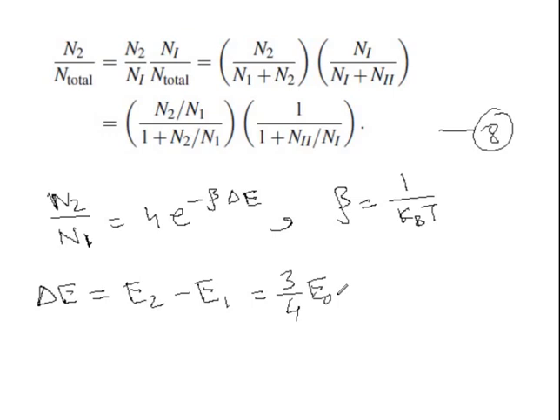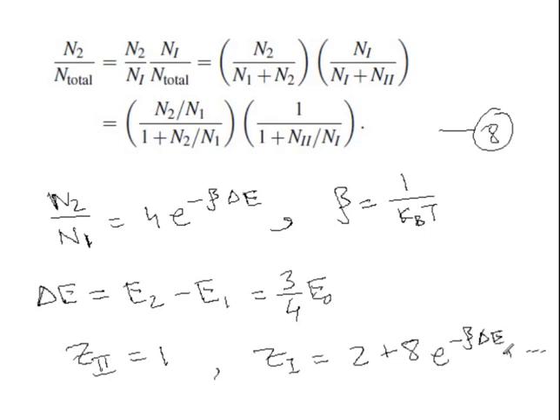Now there are no electron energy levels for an ionized hydrogen atom, and so this means that Z2 is equal to 1, and then the leading terms of the sum for Z1 are 2 plus 8 e to the power minus beta delta E, and so on and so forth, right?